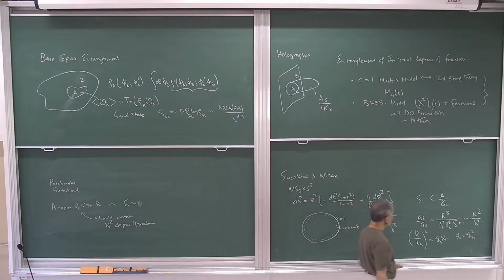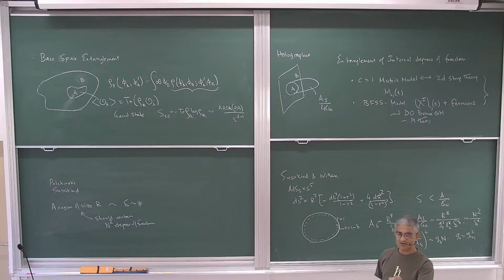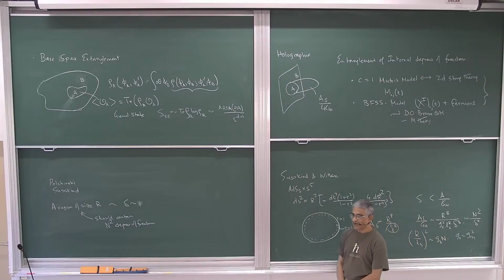So that seems to suggest that if I'm looking at scales which are AdS or even smaller, the most important part of the degrees of freedom which are roughly accounted for are these internal degrees of freedom. The fact that the field theory is living on some space, so there are spatial degrees of freedom which are encapsulated by this, becomes less important. And this is the problem of sub-AdS scale locality.